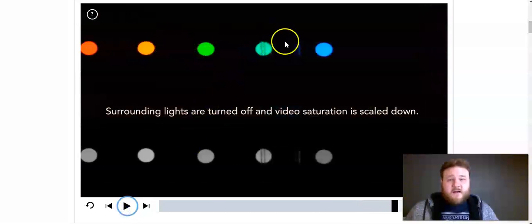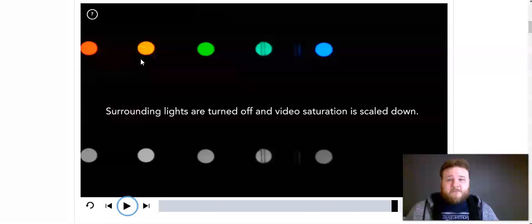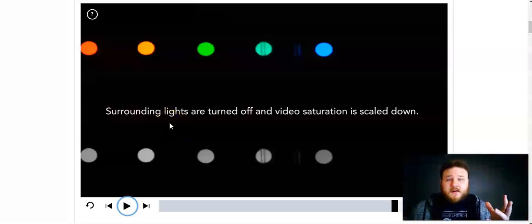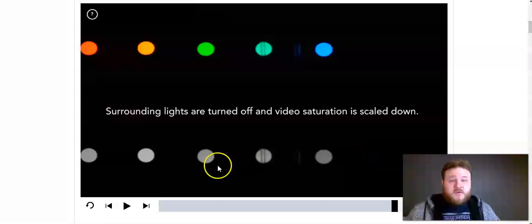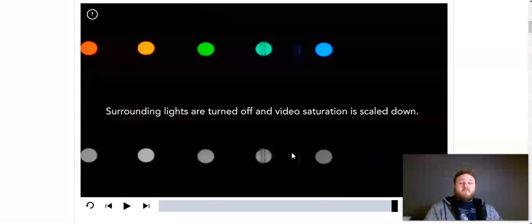On top is the actual LED lights, and below is the grayscale. They got rid of the color, so it's easier to measure using the grayscale. And we will be using the grayscale to measure our transmittance in the actual lab.